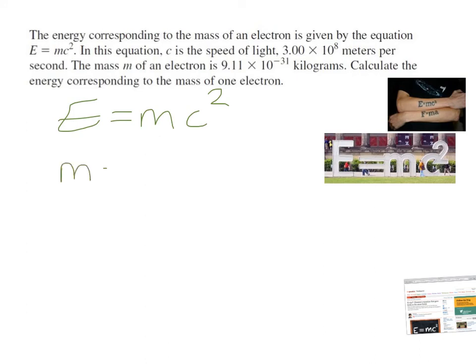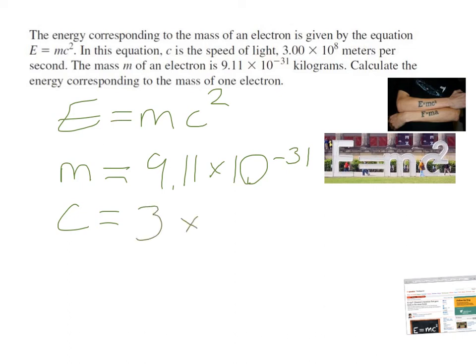Do we know m? Absolutely. m is the mass of an electron, which is 9.11 times 10 to the negative 31st. We also need c. Does it give us c somewhere in here? Aha! c is the speed of light, 3.00 times 10 to the 8th power. So I'm just going to write 3 times 10 to the 8th.